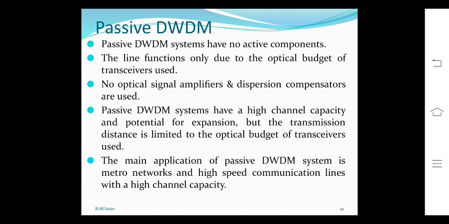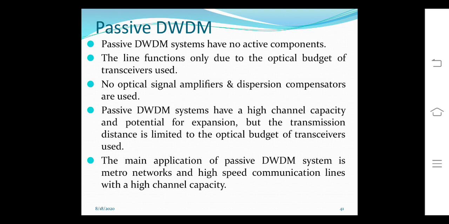Passive DWDM. Passive DWDM systems will not have any active components. The line functions only due to the optical budget of the transceivers used. No optical signal amplifiers and dispersion compensators are used.